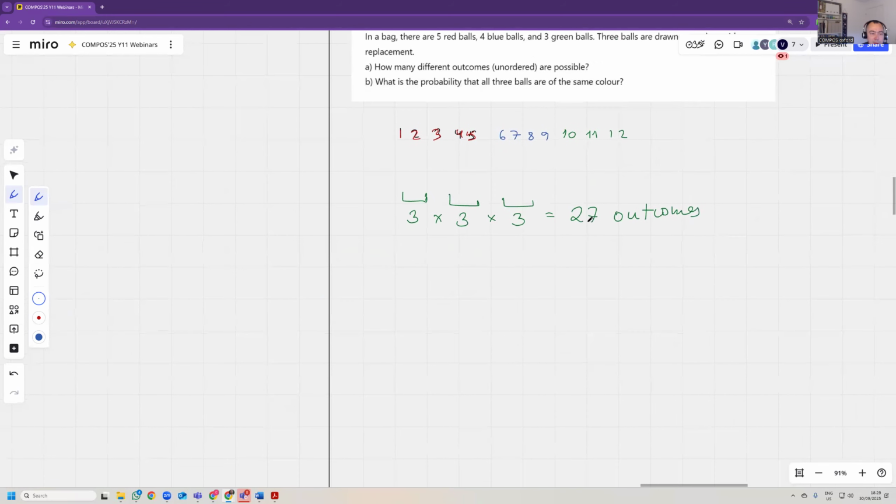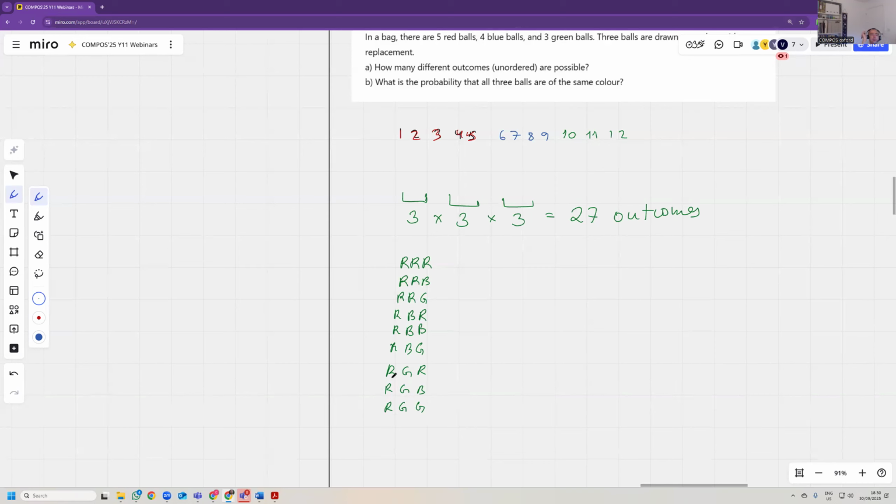So it's quite straightforward. You can start listing them as red, red, red, for example, red, red, blue, red, red, green, red, blue, red, red, blue, blue, red, blue, green, red, green, red, red, green, blue, red, green, green.